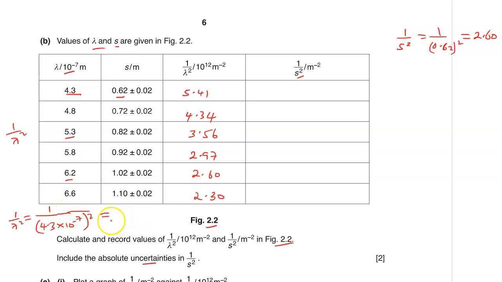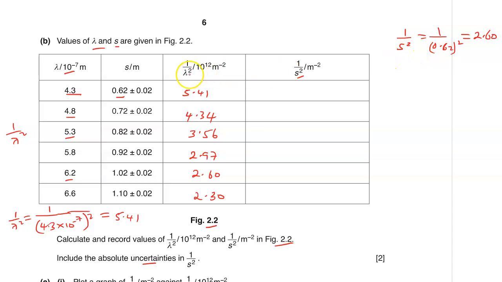When you do that, you get 5.41. So you do the same for each one of these values: you take the value, multiply by 10 raised to power minus 7, square it, and then you get these values.